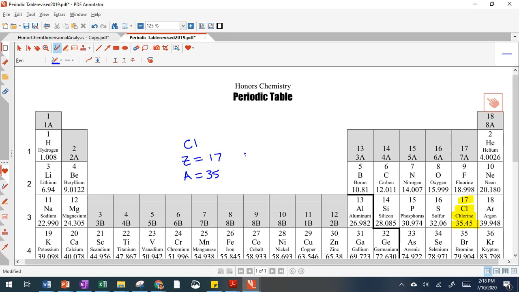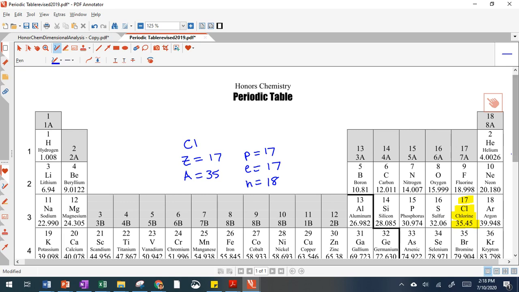So we know that chlorine will have 17 protons, 17 electrons, because we're assuming that it's neutral. And to figure out the number of neutrons, we're going to take 35 and subtract 17. That's going to give us 18 neutrons. So we could never have part of a neutron, just like we could never have part of a student. So when we're talking about the mass number, we're going to be using the rounded number. This will allow us to get a whole number of neutrons. If we were to use the mass from the periodic table as is, we might end up getting a partial number of neutrons, which isn't possible.